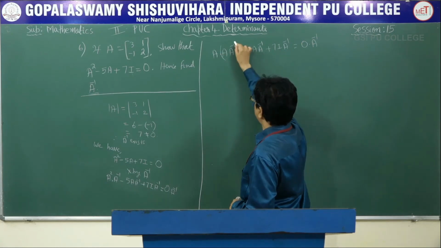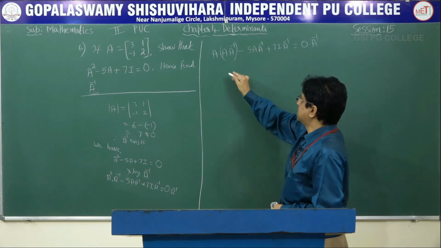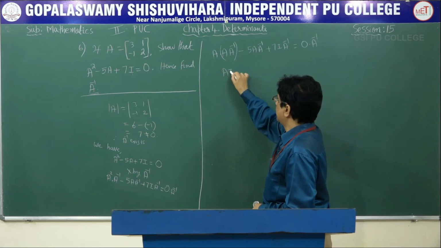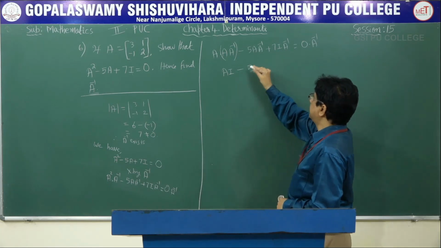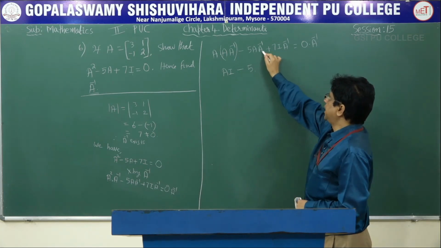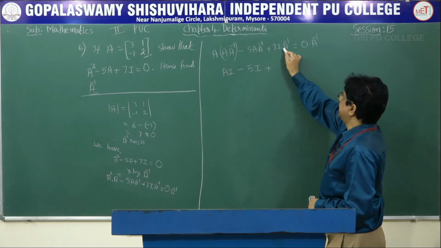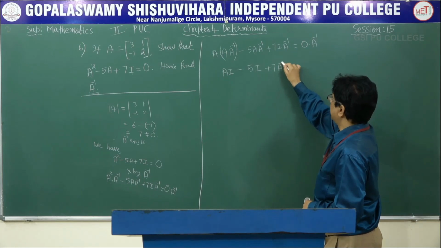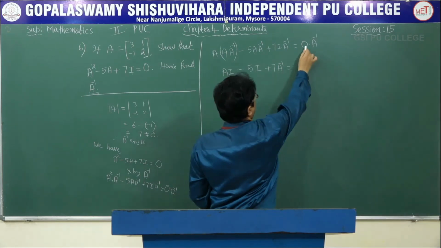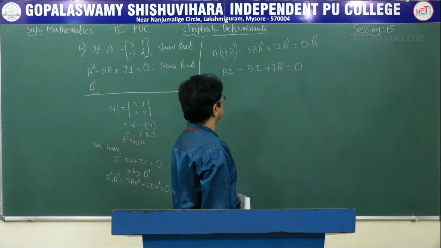We can group these terms. So A into A inverse is I. So A into I minus 5 into A inverse is I plus I into A inverse is A inverse, 7 into A inverse is equal to, so null matrix into A inverse is null matrix.